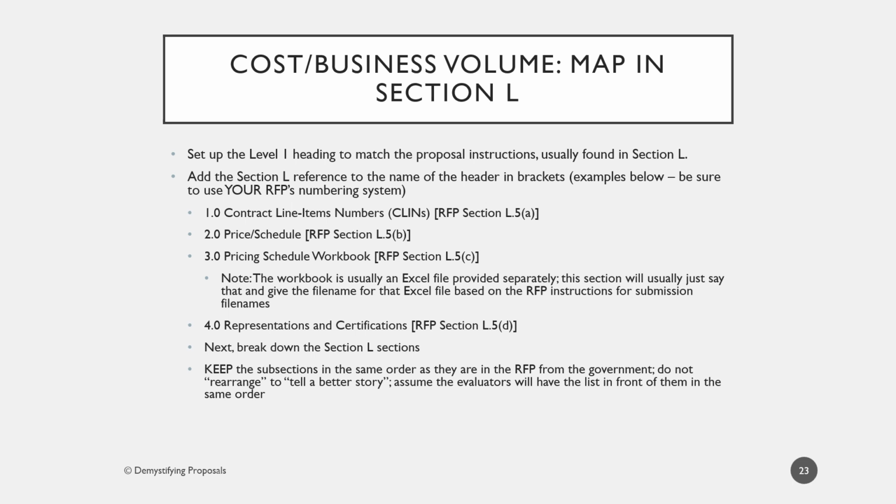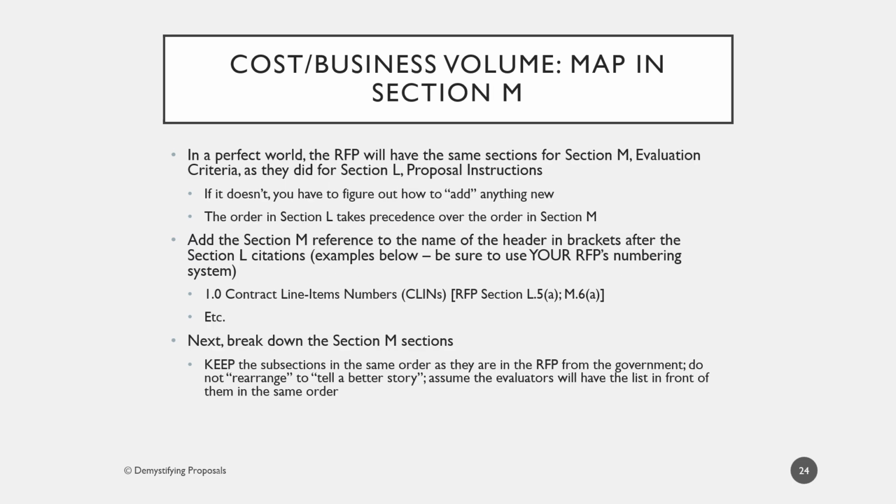Note that just as you did with the technical volume, you're going to put the RFP section references in brackets after your level 1 headings. Remember, keep the subsections in the same order as they are in the RFP from the government. Don't rearrange them.